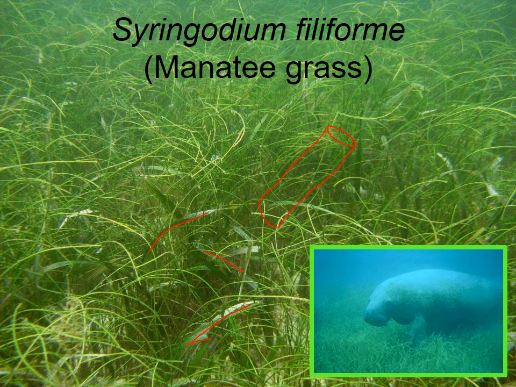And you can roll it between your fingers, whereas the other ones are flat like ribbons. Manatee grass requires sort of high stable salinities to survive, and so you would find this one more in offshore or high salinity environments, not in brackish estuaries.